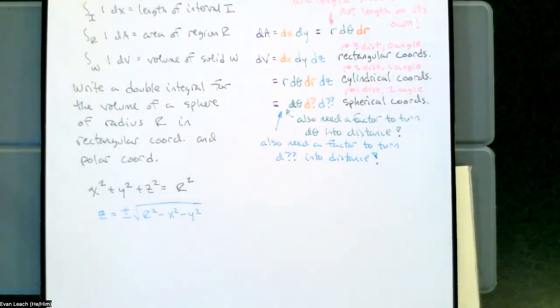We're also going to have to say what's y between. Then we'll have to say what's x between. Now, when we think about what's y between, we just have to look at the sphere from the top down.